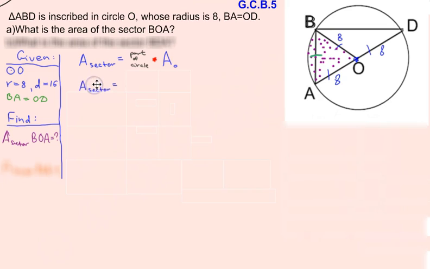This means that I can continue with the substitution. Area of any circle is pi r squared, and to describe the part of a circle that intercepts my sector, this purple one, recognize the measure of a central angle, in our case BOA, that intercepts this sector.